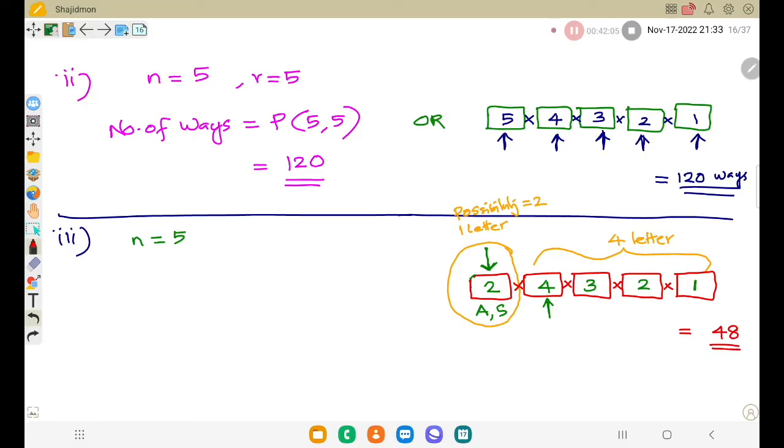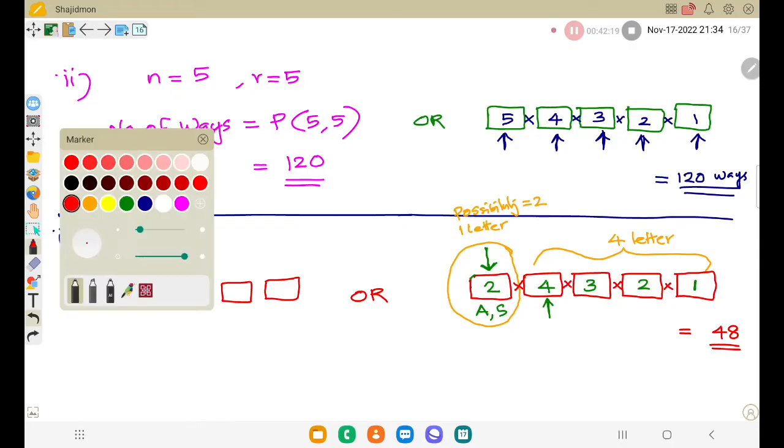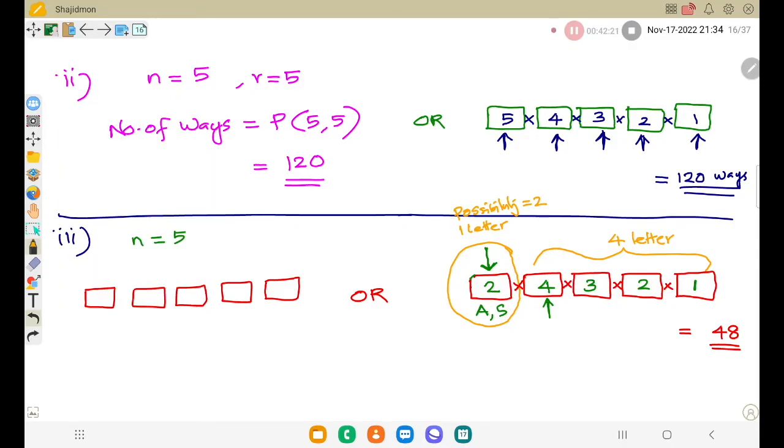You understood? Okay. Now the same question, as I told you, we can do the first way like this. Again here 1, 2, 3, 4, 5: a 5 letter word. First letter, as I told you, we have 2 possibilities, either A letter or S letter.